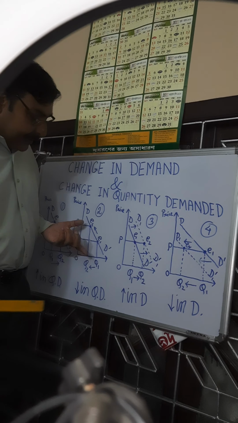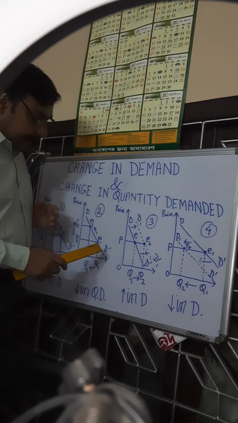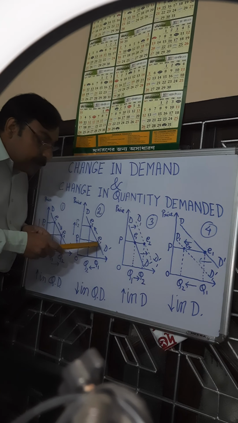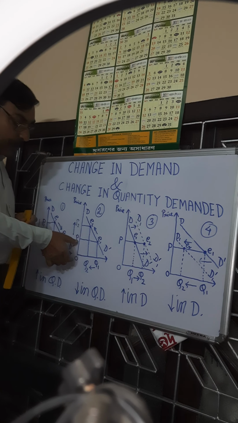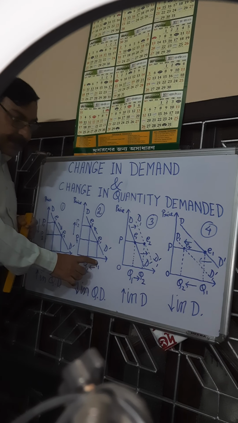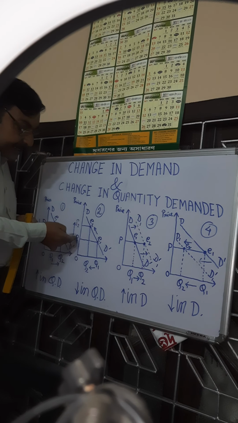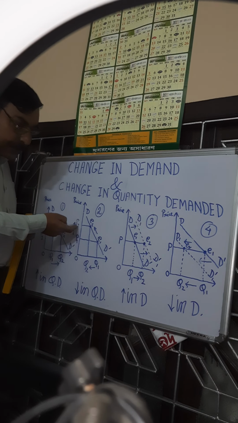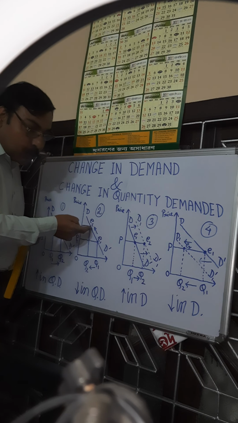Here, DD dash is the demand curve. Initially, the consumer is at point E1. At point E1, OP1 is the initial price and OQ1 is the initial demand. Now, if price rises from OP1 to OP2, the consumer arrives at a new point E2.